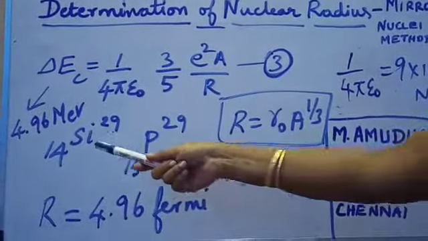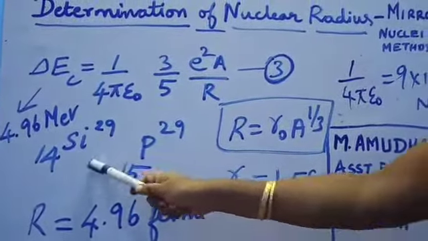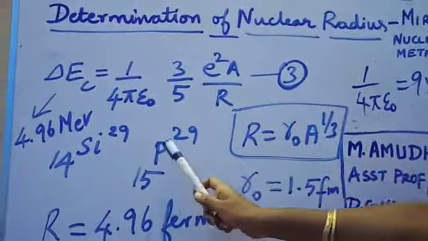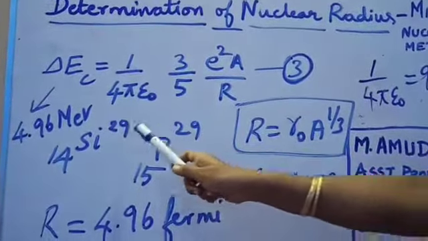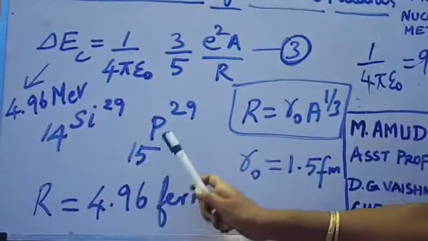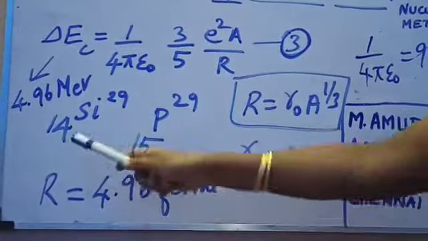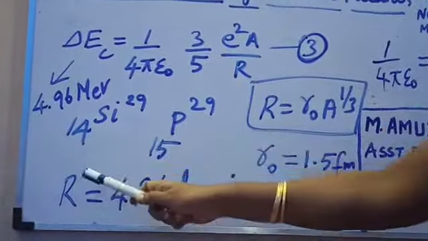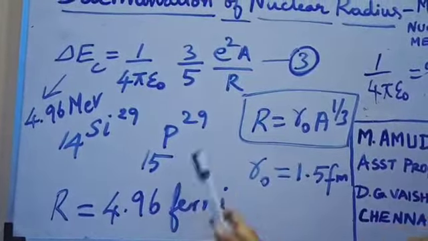Here also you can see for these two elements, silicon as well as phosphorus, these are the two mirror nuclei. The mass number remains the same, that is 29. The proton number of silicon is 14 and the proton number of phosphorus is 15. So if you take this as Z, this becomes Z plus 1.